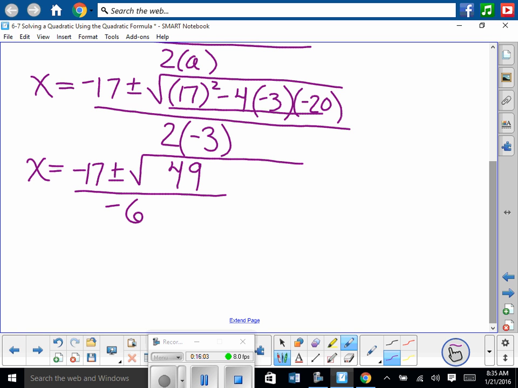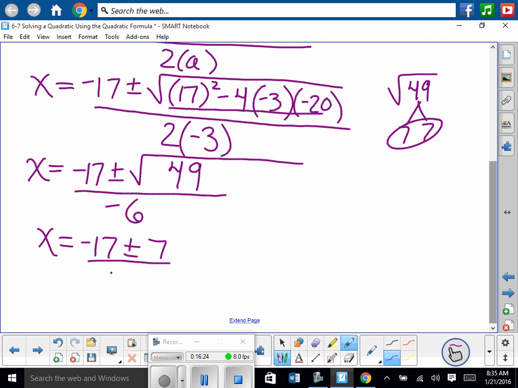So then this is where we go off to the side and say, okay, what is the square root of 49? Try typing it in your calculator. If it comes out even, okay, it's 7. Very good. So really we have x is equal to negative 17 plus or minus 7 all over negative 6. Is everybody comfortable up to here?